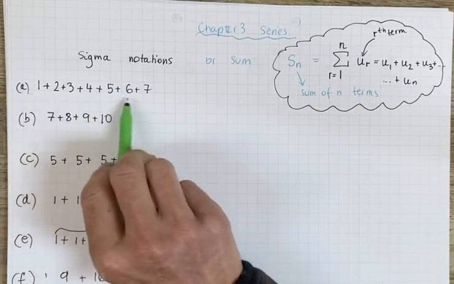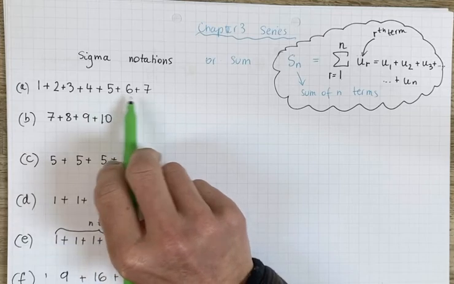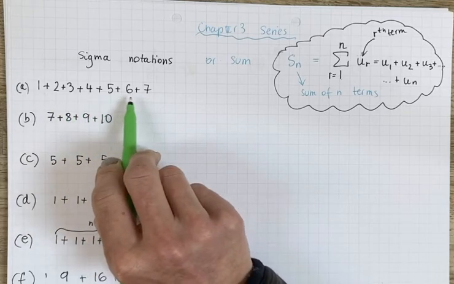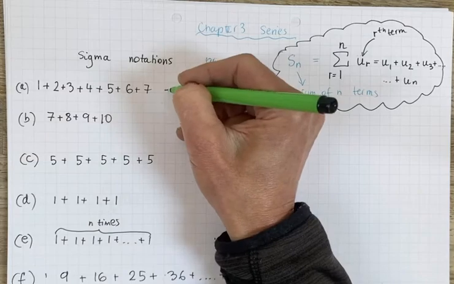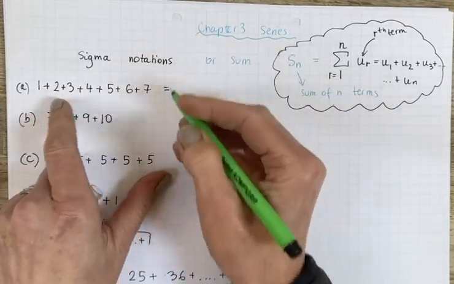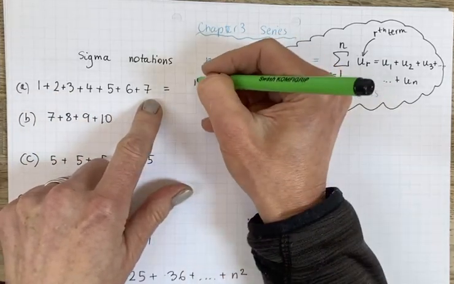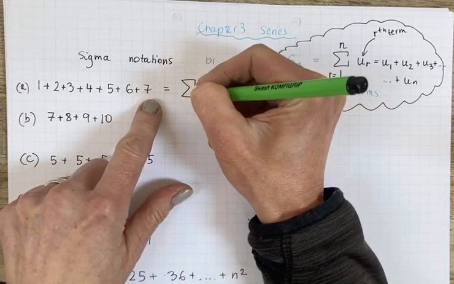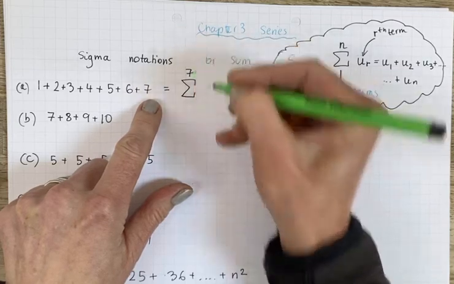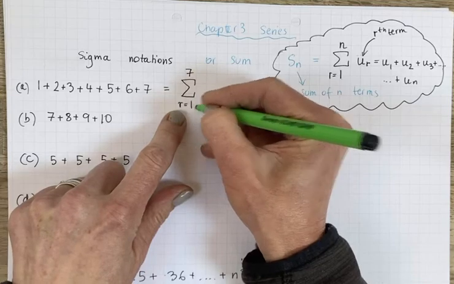So here, for example, we've got a sum. It's clearly the sum of natural numbers, your counting numbers. So how could I write it down? It's really important to get used to it. You could write down that there are 1, 2, 3, 4, 5, 6, 7 terms. So it's the sum of 7. So you have all the way up to 7, but you will start from r equal to 1.